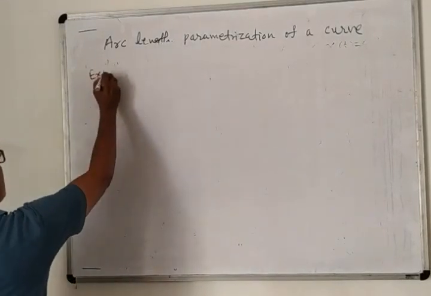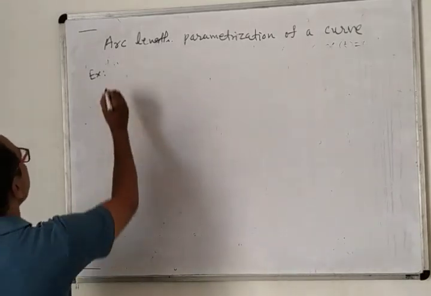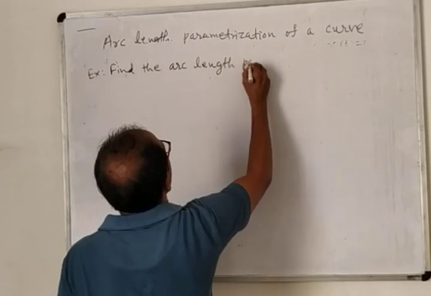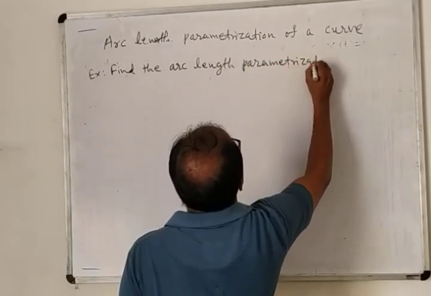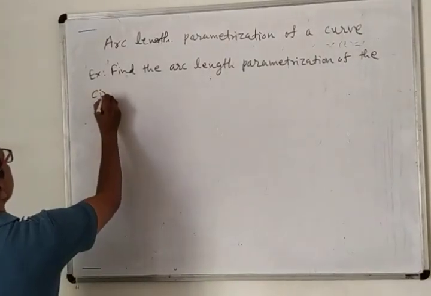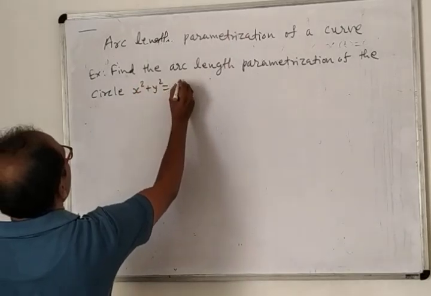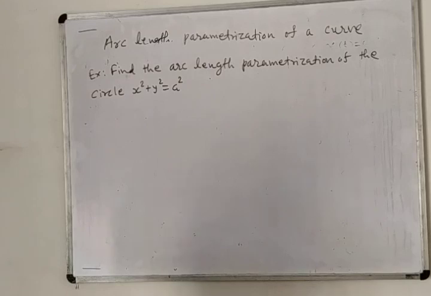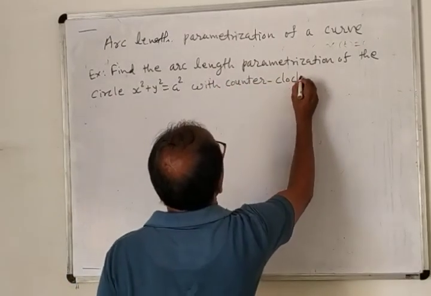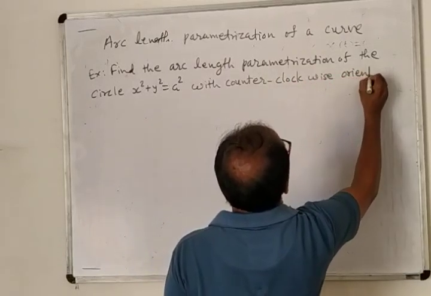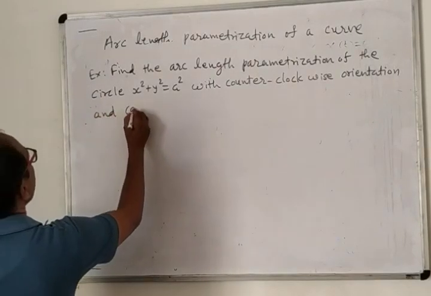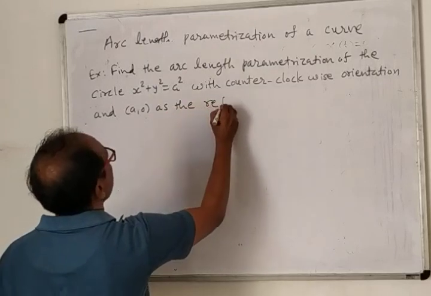Example: find the arc length parameterization of the circle x square plus y square equal to a square with counterclockwise orientation and (a, 0) as the reference point.